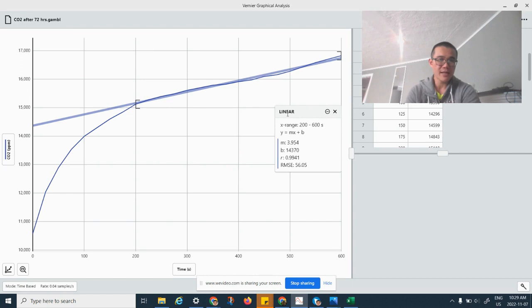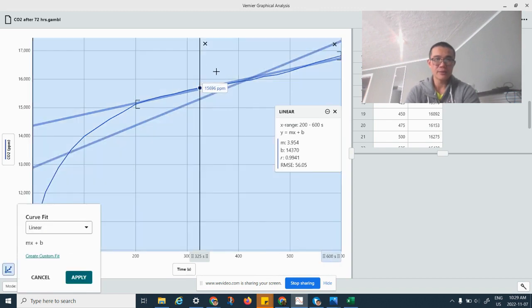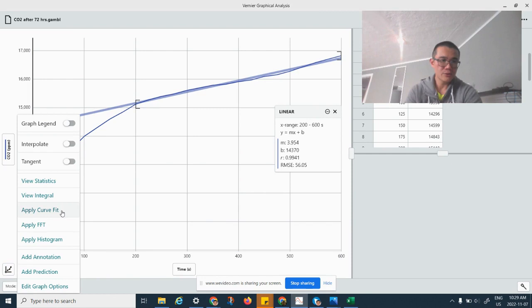After I have that, to get the line of best fit, I click apply curve fit. I don't want a second curve fit. So in this case, you go to apply curve fit and then you choose which one looks the best.